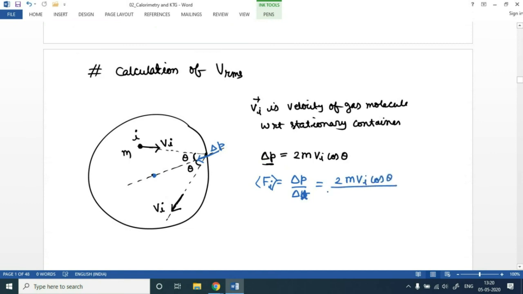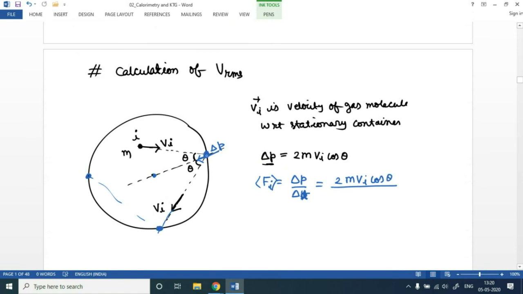what would be the time interval between two successive collisions that we have to find out? So for that, let's say, for example, the gas molecule is colliding here. The next time the gas molecule will collide over here, and similarly it will rebound, and then it will collide over here, and so on.